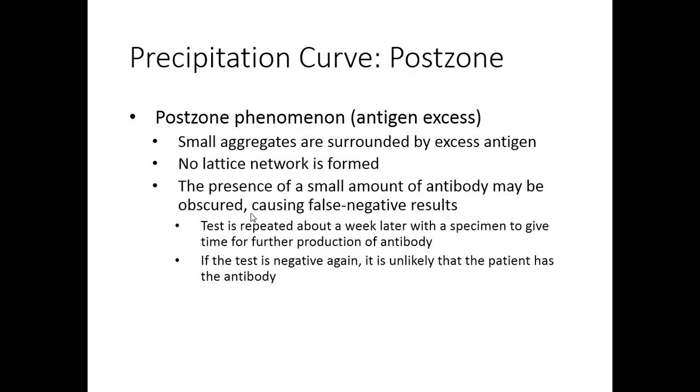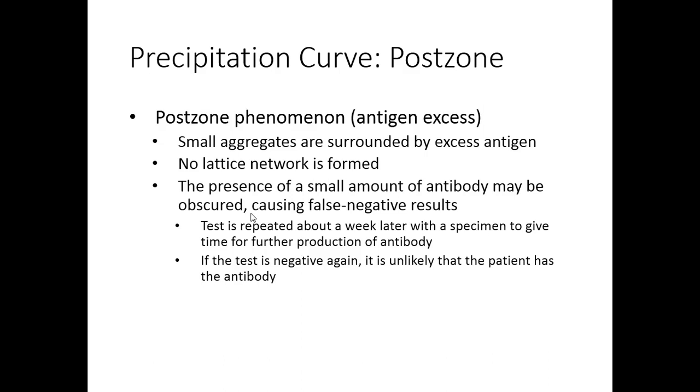Small aggregates get surrounded by all the extra antigen, and no lattice formation is again formed. This also gives us false negative results. We sometimes see this very early in the production of antibody after an initial challenge by an antibody or by a pathogen.